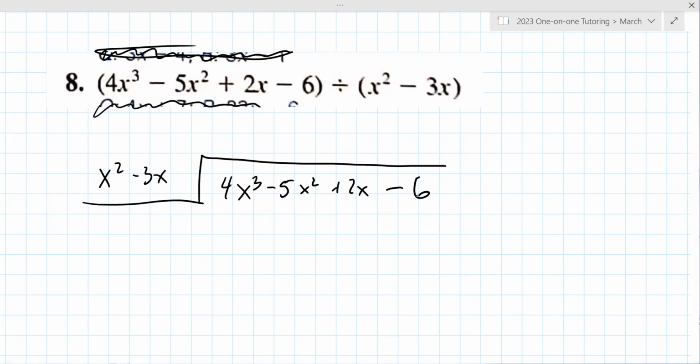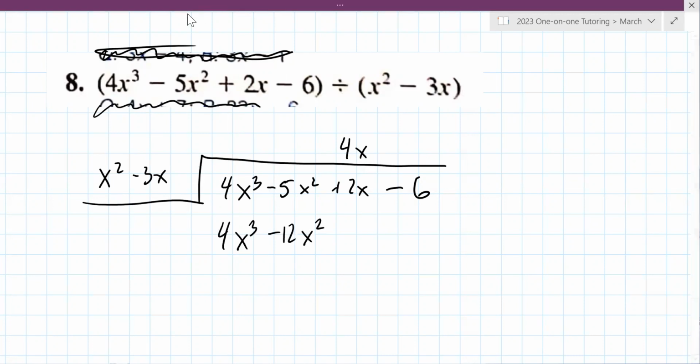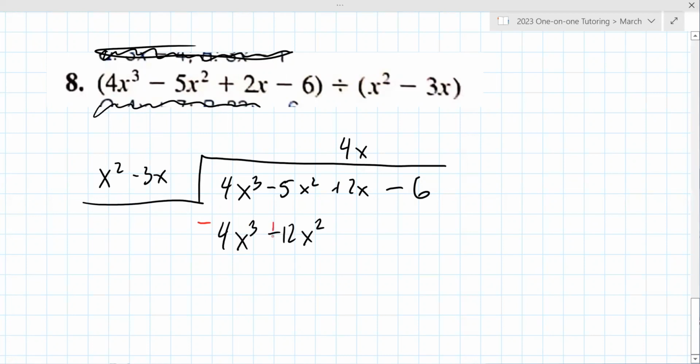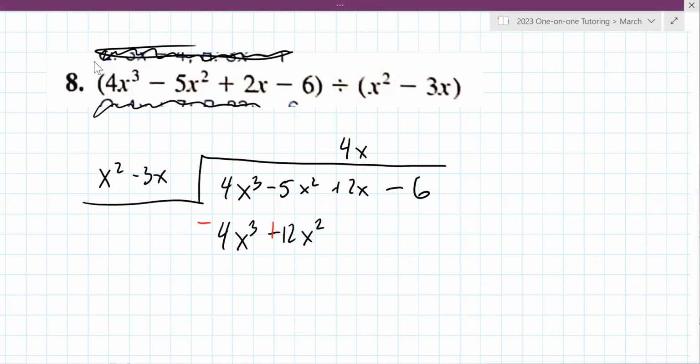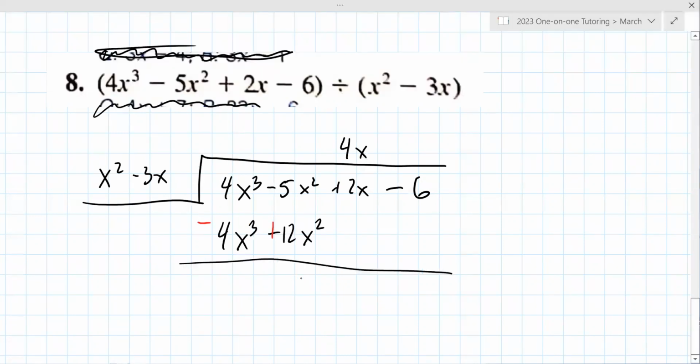You're trying to go from x squared to 4x cubed, so that becomes 4x. You take 4x and multiply each of these, the x squared and the minus 3x. So that's 4x cubed minus 12x squared. Change the sign of each. So that becomes 7x squared, bring one term down, plus 2x.